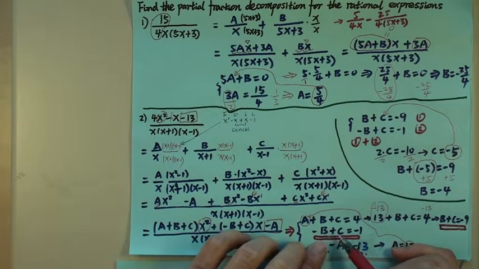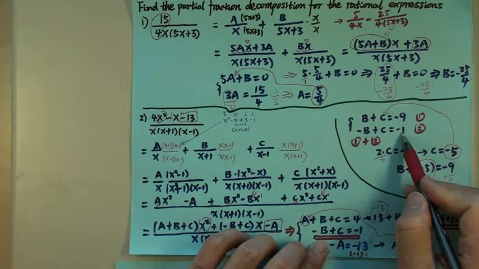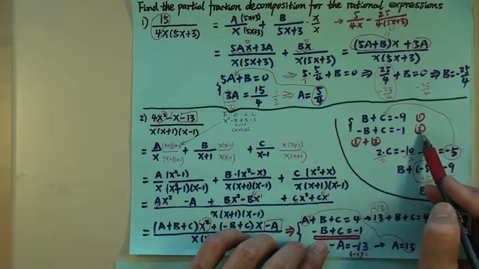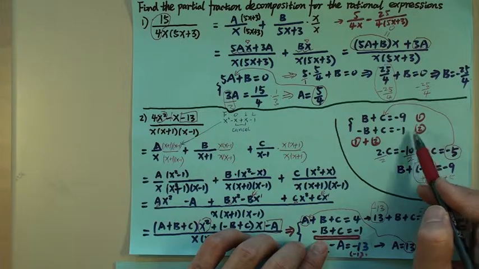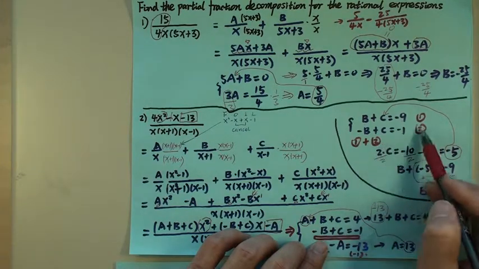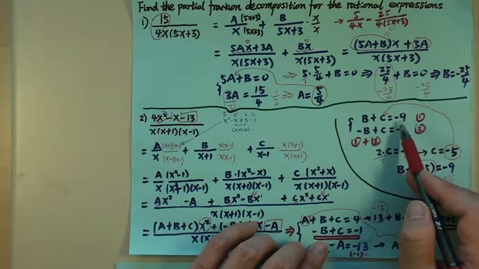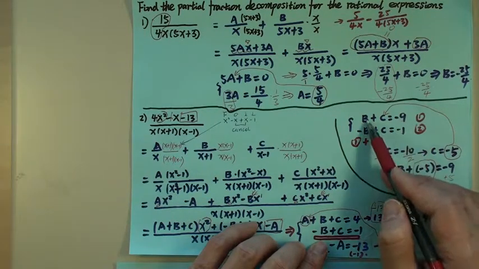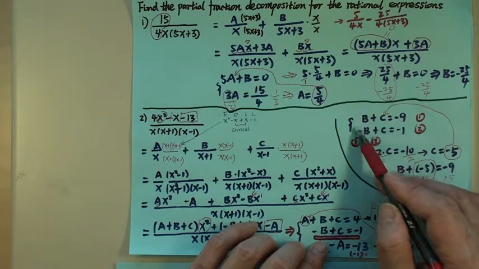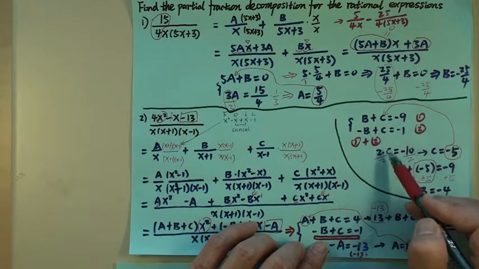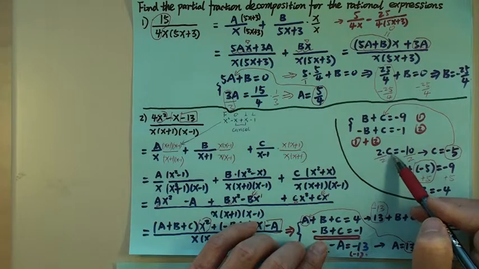So now we have b plus c is negative 9, and negative b plus c is negative 1. We name the first equation 1 and the second equation 2. Now look, if we add 1 plus 2, what do we get? The first equation added onto the second one: positive b and negative b will be cancelled, and one c and another c together make two c's.